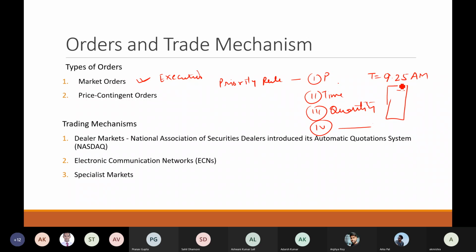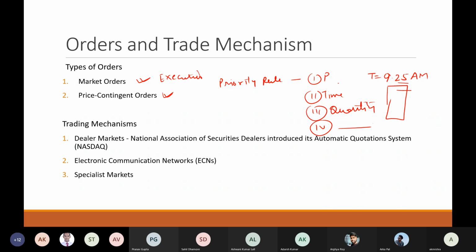Let's say others also submitted. Your order will appear in this order book if it is price contingent, meaning you put some kind of condition. Otherwise, if it is a market order, at that point of time, if orders are there, it will get executed. Otherwise, it is going to be cancelled.